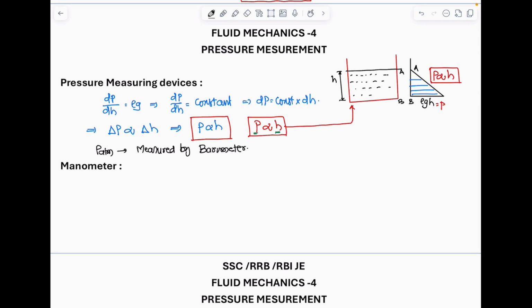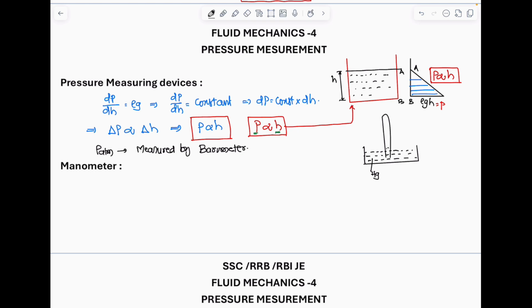A scientist called Torricelli measured the atmospheric pressure by using a closed inverted tube, like in this experiment. He took a container in which mercury is filled up to this height. One side closed tube is put inside the container containing mercury.